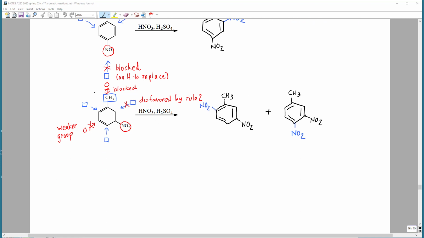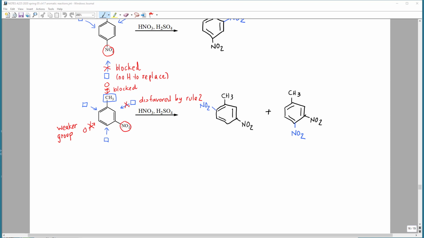In contrast, if we look at this reactant, which has the methyl group and the nitro group meta to each other. Again, the methyl group will have the blue square. We go ortho and para to the blue square to where it's attached. We get these three arrows. We're going to cross this arrow out because it's between two meta-related groups.